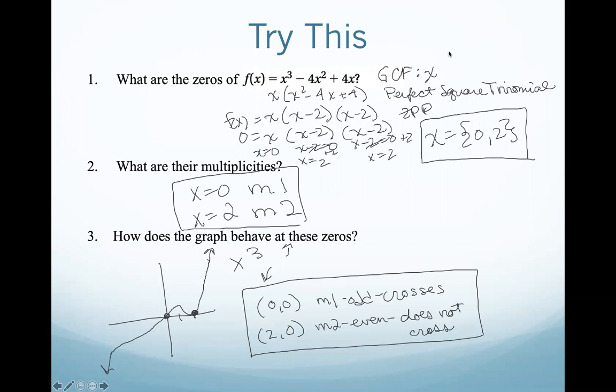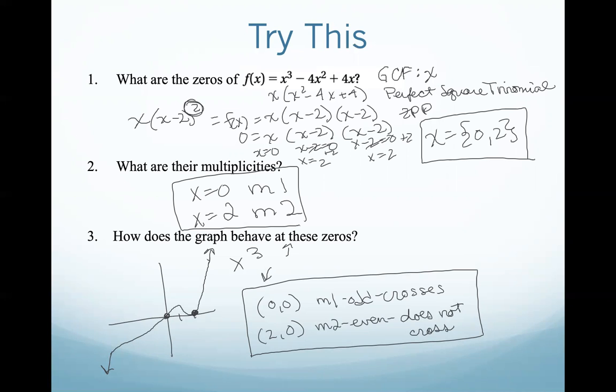Okay, I'm going to give you some time to look this over as I talk about it, but if you need a little bit more time, you can always pause the video. So step 1, we needed to find the zeros of f of x. That means we need to factor and then set each of those factors equal to 0 and then solve for x. Notice x equals 2 twice. I can also write f of x in factored form as x times x minus 2 squared.